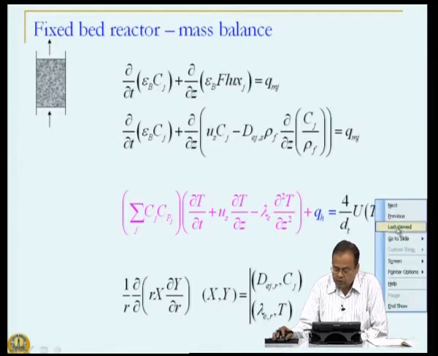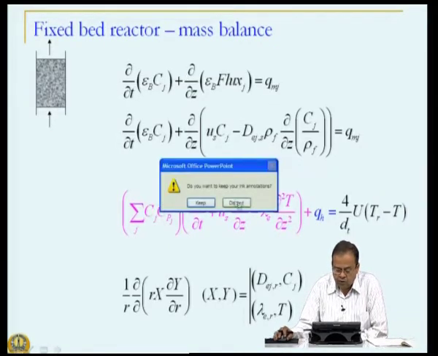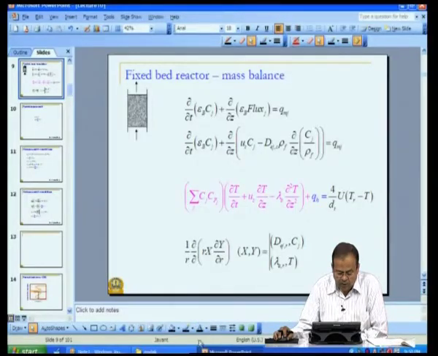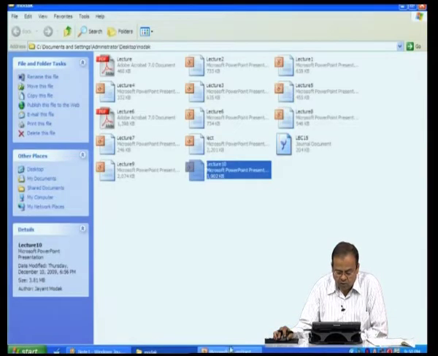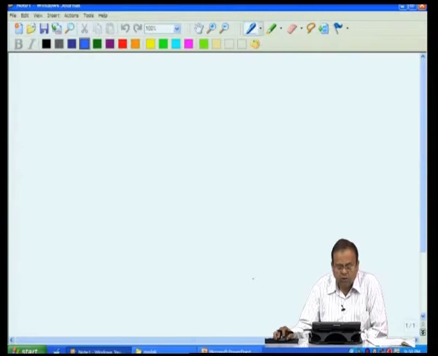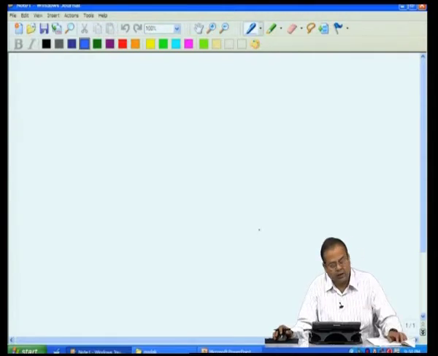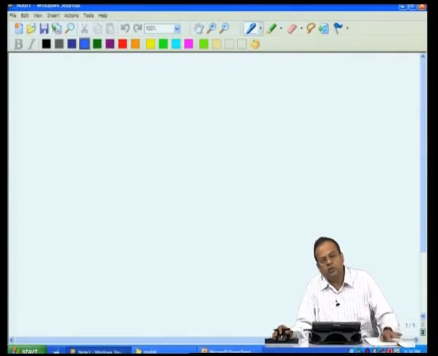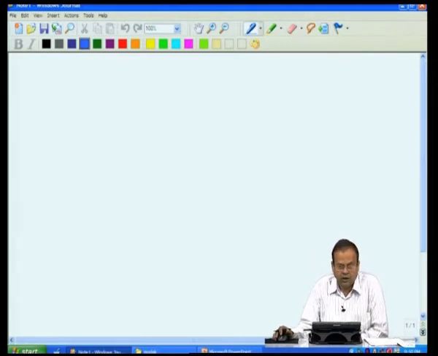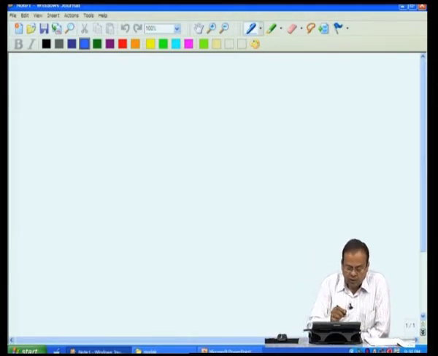So, let us first look at how we develop the mass balances for gas solid catalytic reactions. We are now considering multi-phase reactors, and let us start with the fixed bed reactor, and extensions for other kinds will follow in due course.